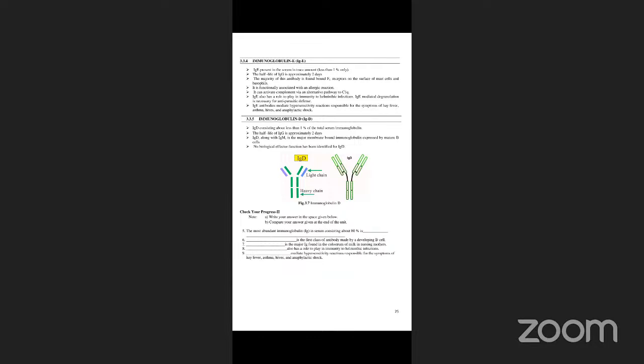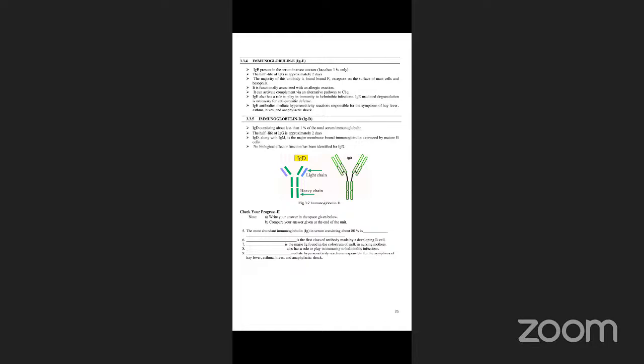Next, IgE. It is present in very trace amounts, less than 1%. Its half-life is only 2 days, and it is mainly present on the surface of mast cells and basophils. It is produced in response to allergic reactions. These complements, as I told you, are serum proteins, and they can be synthesized by 2 pathways: the classical pathway and the alternate pathway.